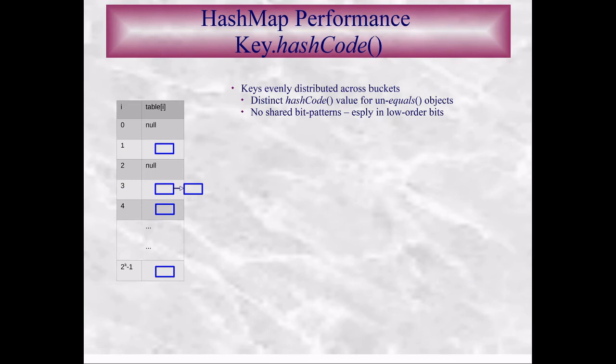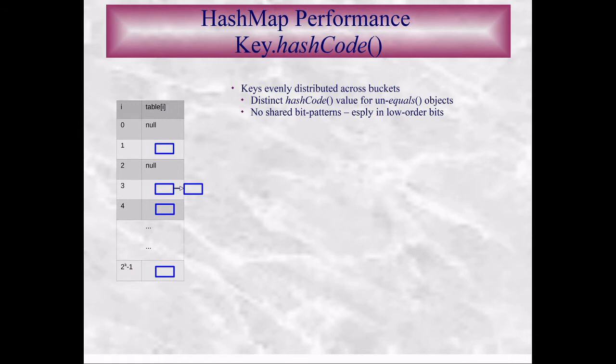So the key hash code should be distributing the key objects evenly to the buckets. For that, it should be generating distinct values across unequal objects that are not equals of one another. Not only that, it should disallow common bit sequences across the unequal objects, especially in the low order bits.